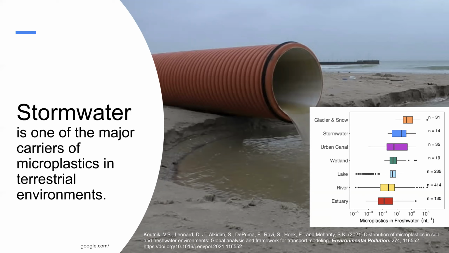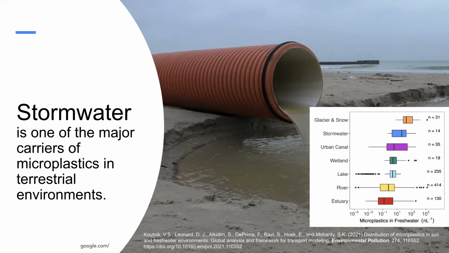To account for how much microplastic is moved around in stormwater, we did a literature review and analysis in these particular review papers done by the PhD student, Vera. As you can see, the very top two data points are related to glacier, snow, and stormwater. They have the highest concentrations of microplastic found in water.